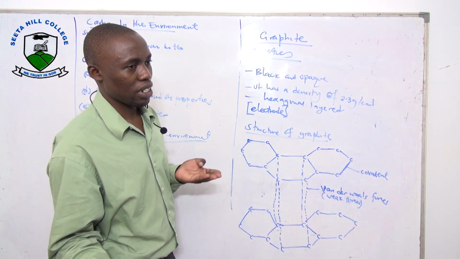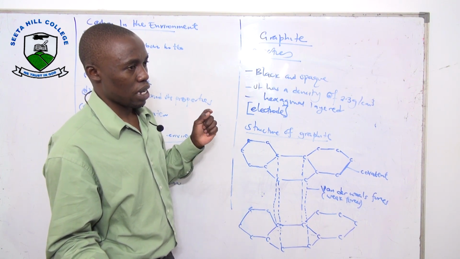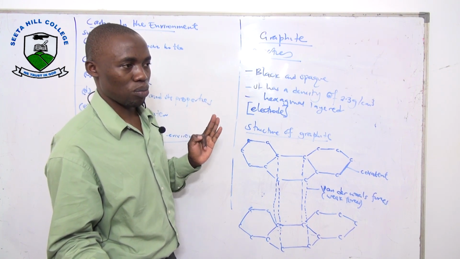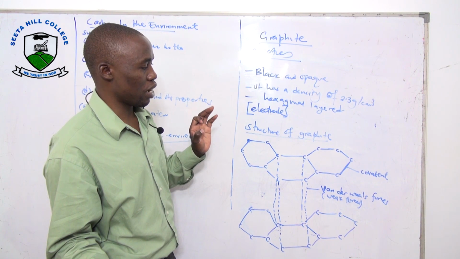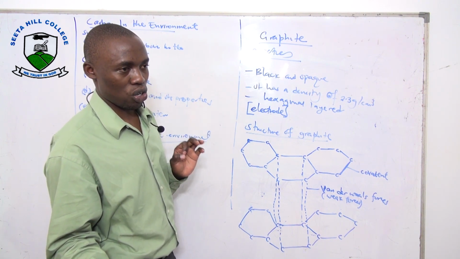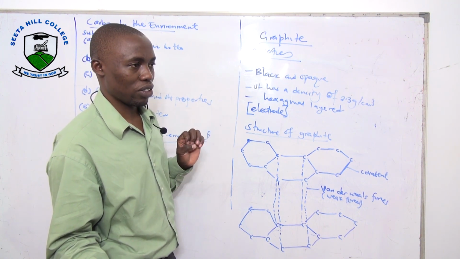Each ring consists of a carbon atom joined to other 3 carbon atoms, leaving 1 electron unused in bonding, so making it easier for graphite to conduct electricity.